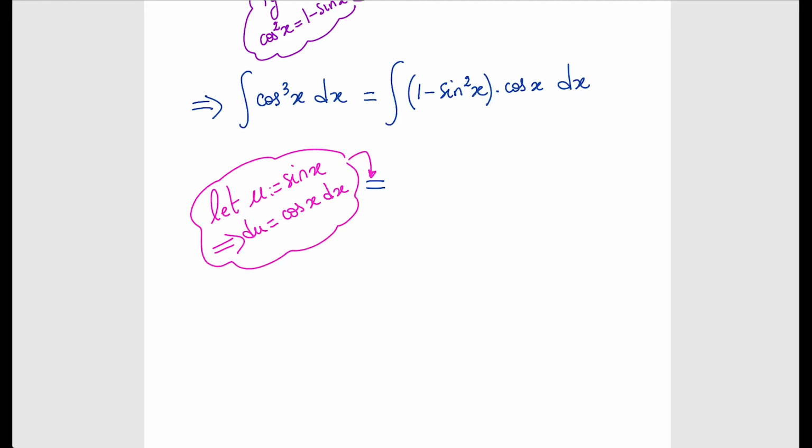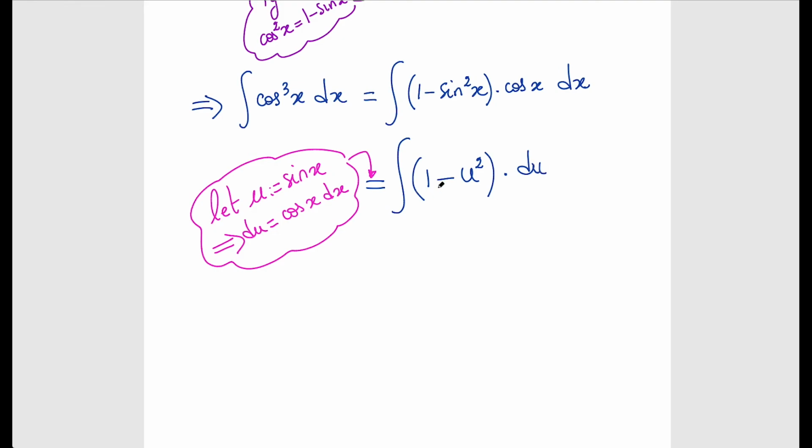So we may rewrite this integral as 1 minus the square of sine x, and if sine x is u, this becomes u squared, times cosine x dx. Cosine x dx is du. So instead of cosine x dx, I can write du.